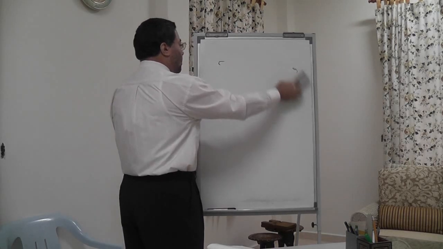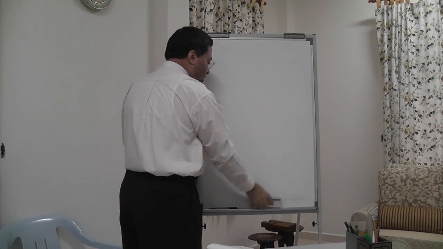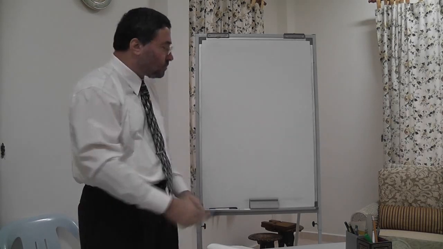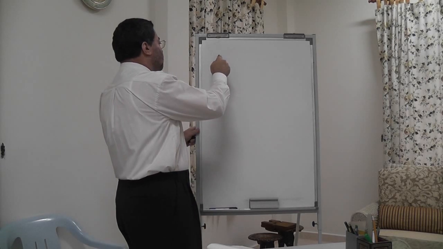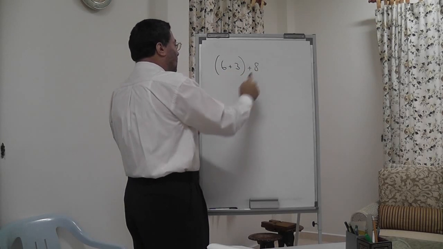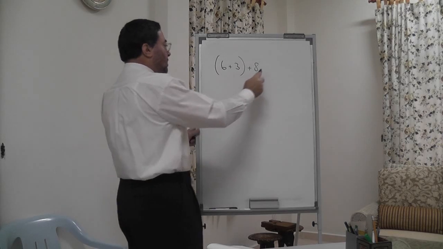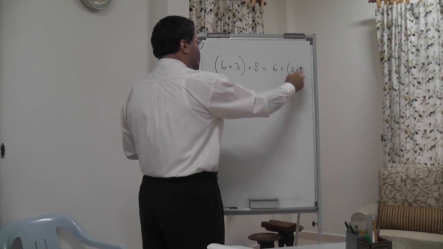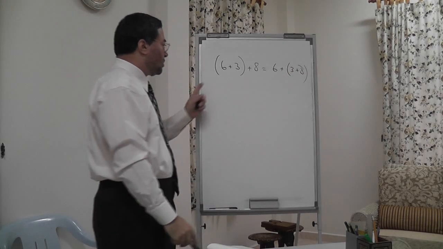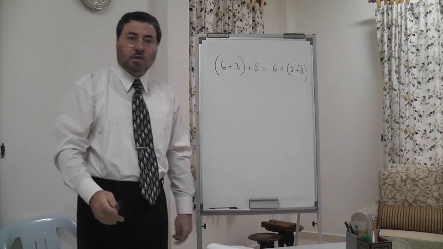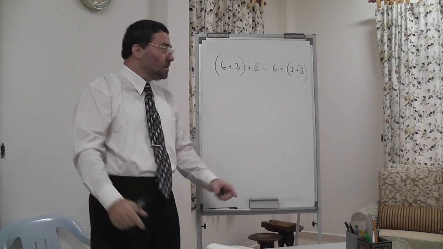The associative property of addition and multiplication requires the use of parentheses. So, this expression is the same as, here I change the association of the 6 and 3, which were associated together within parentheses.